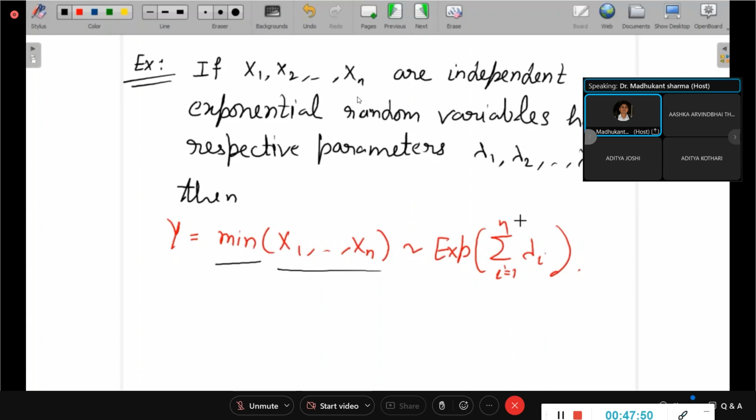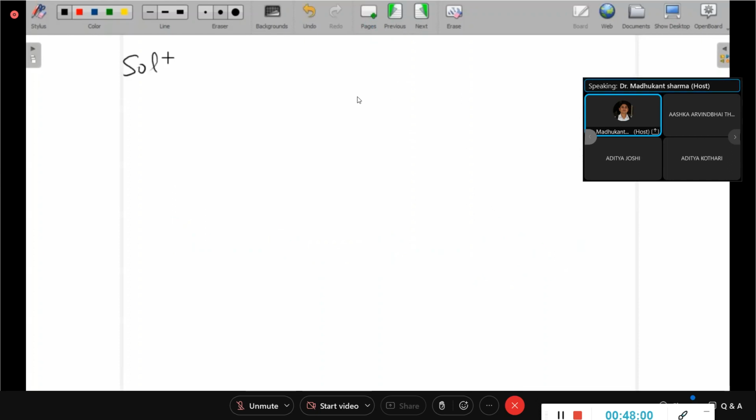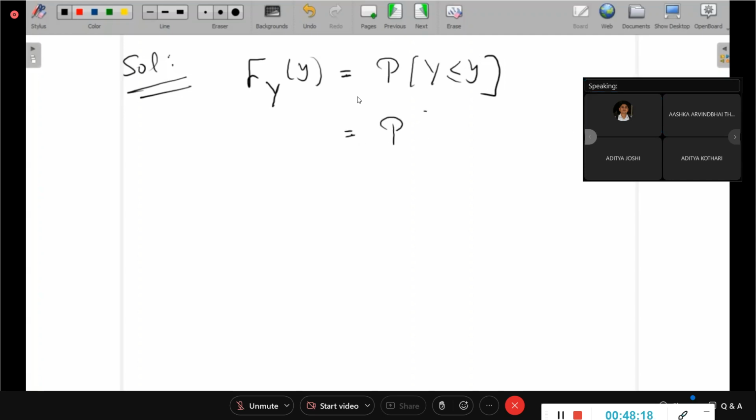What we can do here is take the help of the distribution function. We know how to handle that, so let us see the solution. F_Y of y is equal to the probability that Y is less than or equal to y, that is, the minimum of X1 to Xn less than or equal to y.